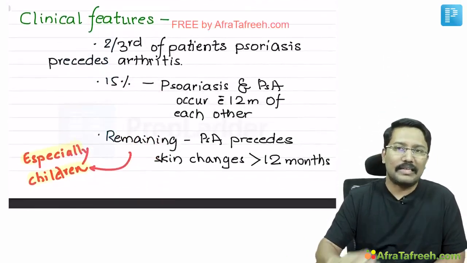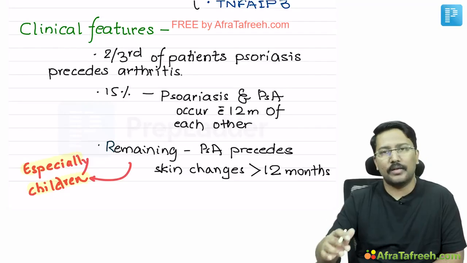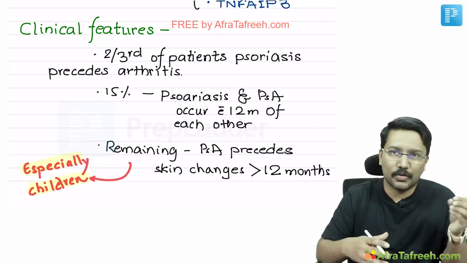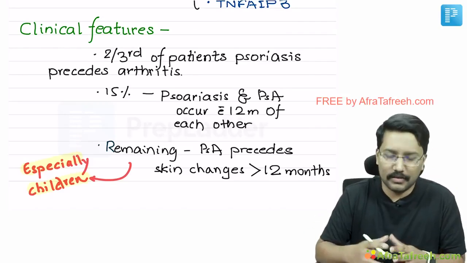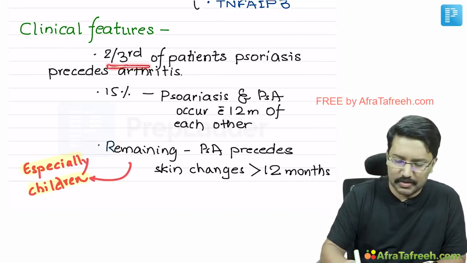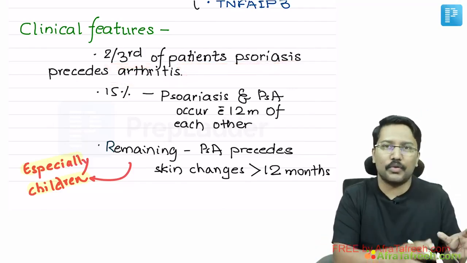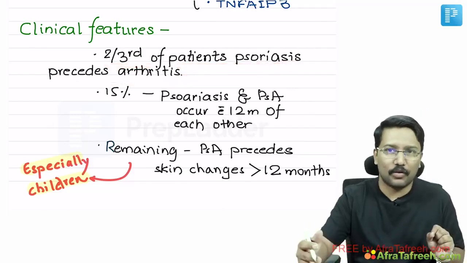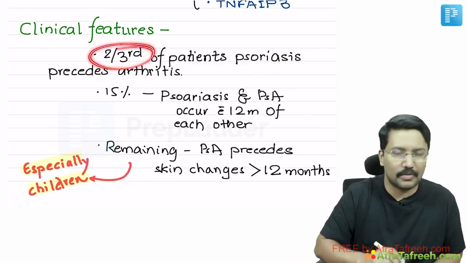Now talking about the clinical features. Remember one important point. Not all patients have psoriatic skin rash at the time they present with psoriatic arthritis, right? Only 2/3 of the patients have psoriasis preceding the arthritis. So they develop psoriasis and later on manifest with arthritis. That story holds good for 2/3 of the patients.